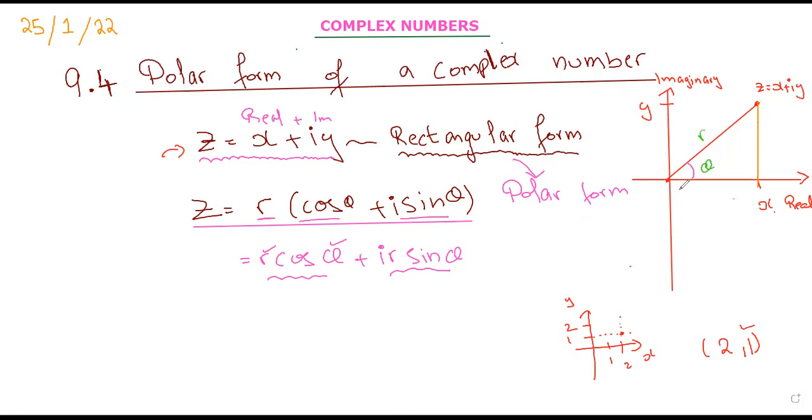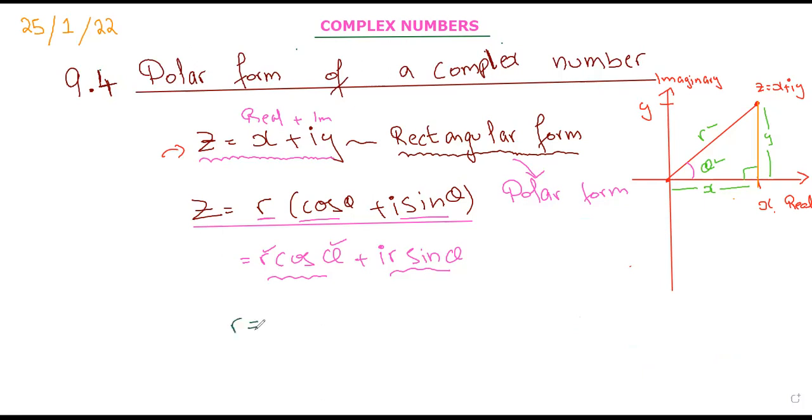Obviously this length is x and this length is y. Now can you find these theta and r by thinking of it as a right angle triangle? Yes, you can. So what is the value of r?